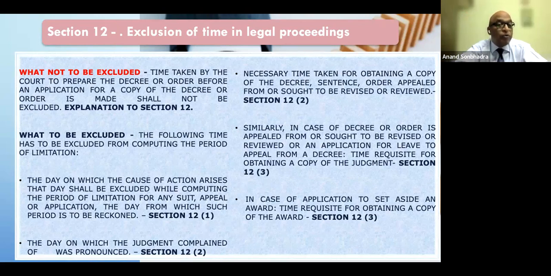For example, there is a proceeding going on in NCLT. Hypothetically, let's take the date of 19th December 2022.